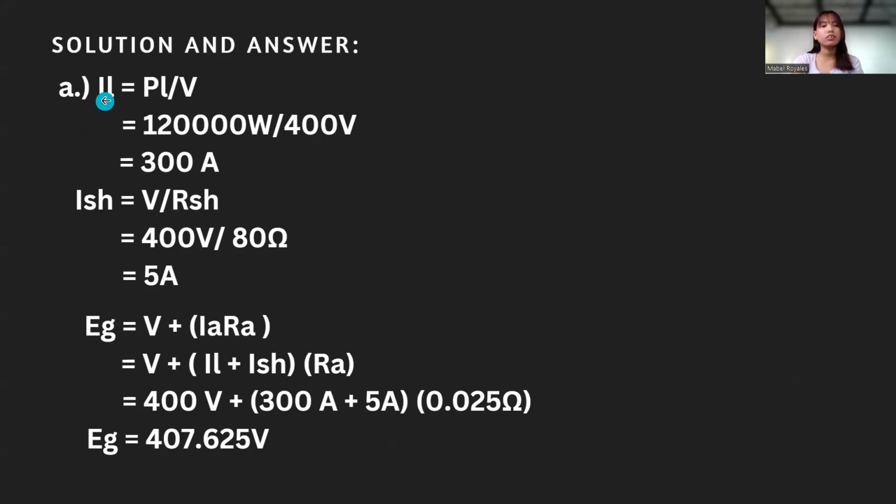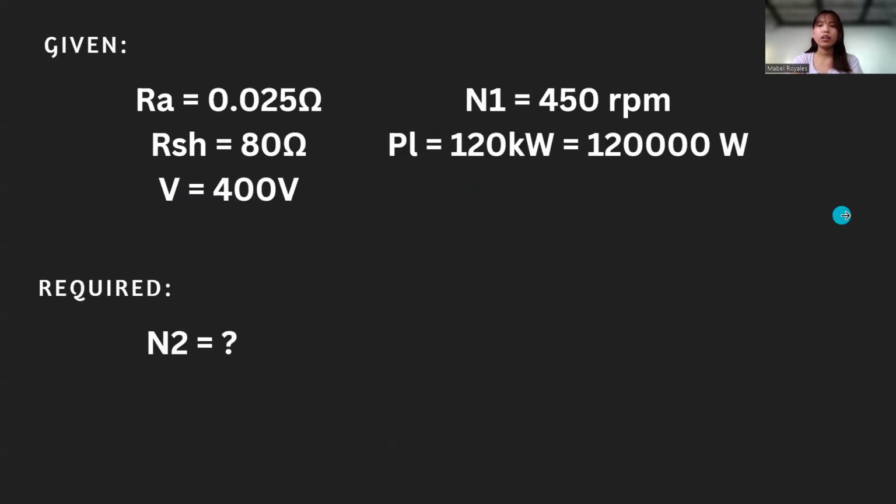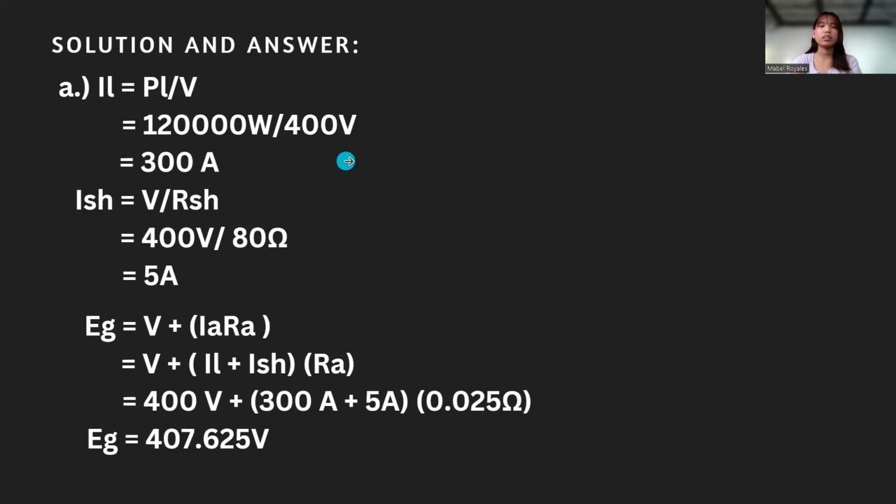First, let's find the current. To get it, the formula is PL over V. The PL from the given earlier is 120,000 watts over 400 volts equals 120,000 divided by 400, 300 amperes.